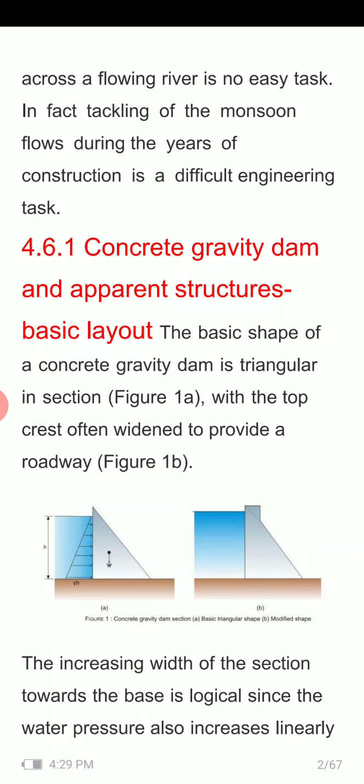In figure 1a, the height of water on the upstream side of the concrete gravity section is H, and the pressure exerted on the bottom is gamma H, as H is 0 at the top of the water level.